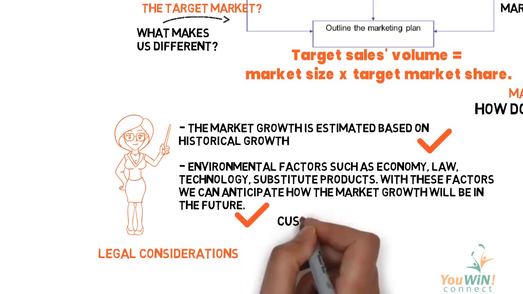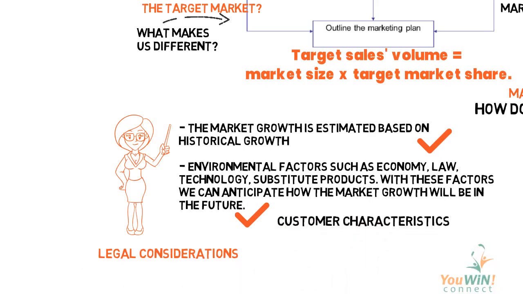Let's look at customer characteristics. The question that we would ask ourselves is, who are the customers that we're targeting to buy our products? There are many people involved in the buying process.